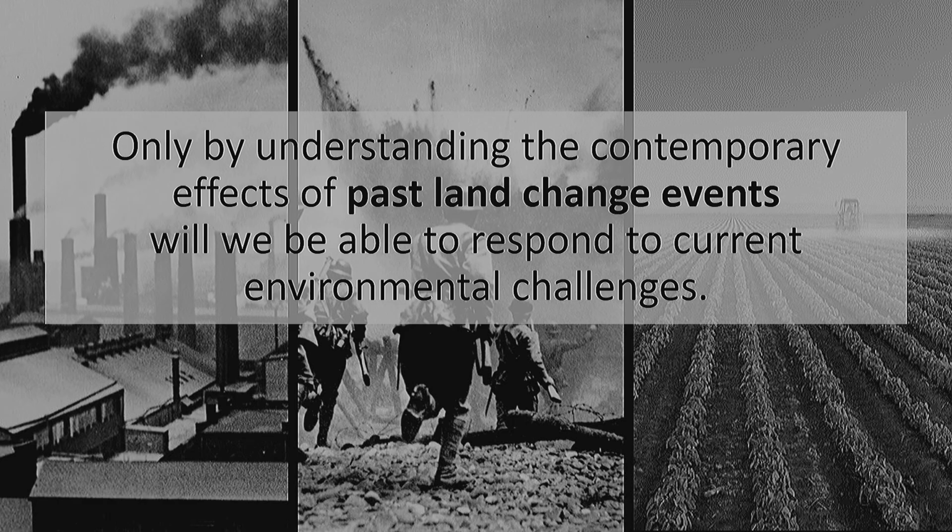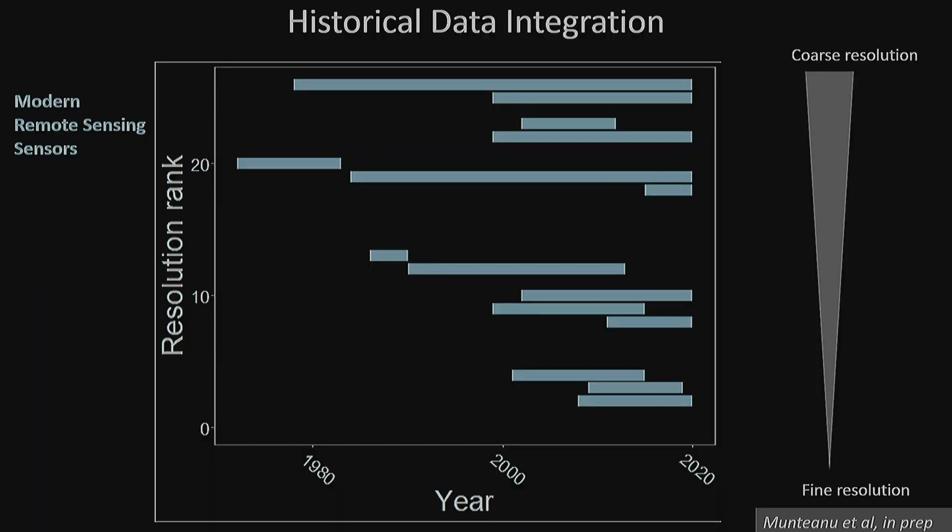And to demonstrate this and to put some data behind this statement, I will show you how we integrate different data sources in order to understand the effects of these past historical events. Some of the most commonly used data for biodiversity analyses and for environmental change detection come from remote sensing.